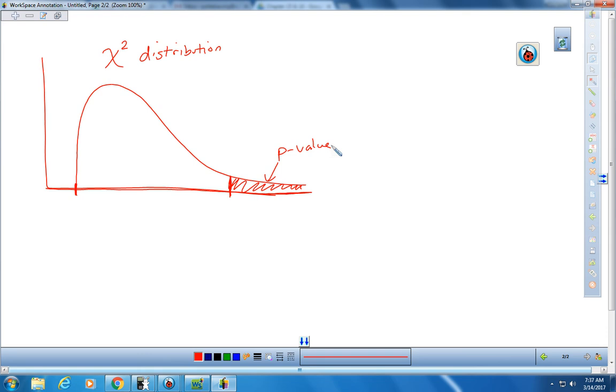So it said the p-value for a chi-squared goodness of fit test is the area to the right of the calculated value of chi-squared under the appropriate chi-squared curve. And it's always to the right.